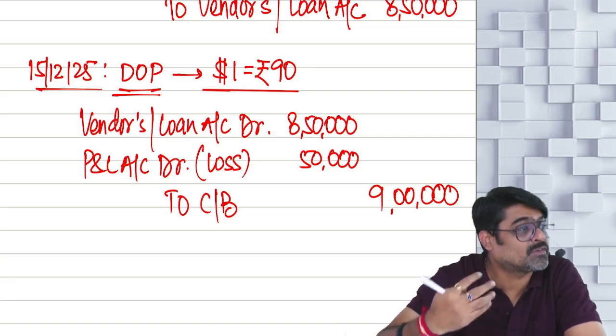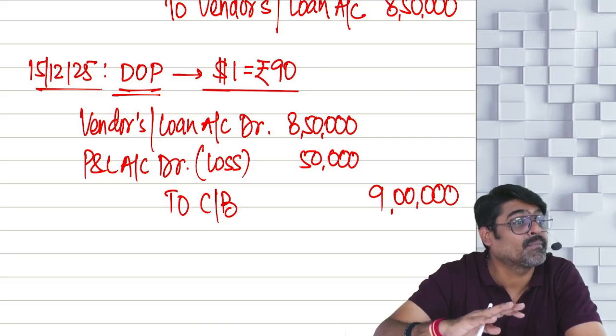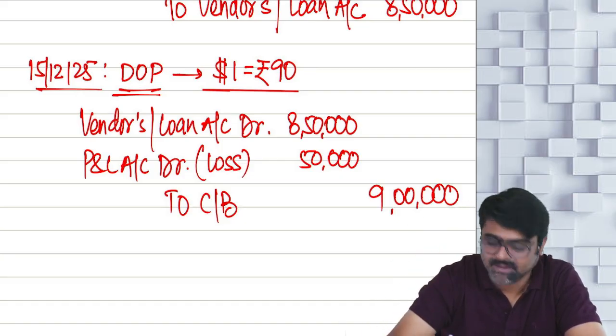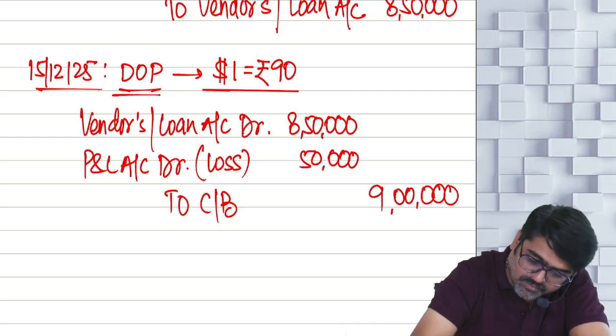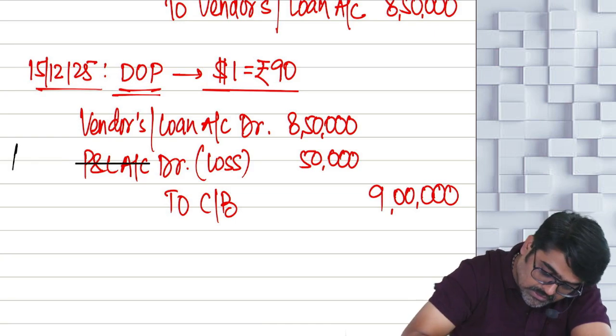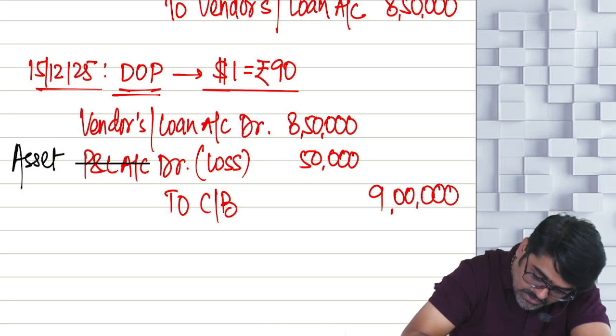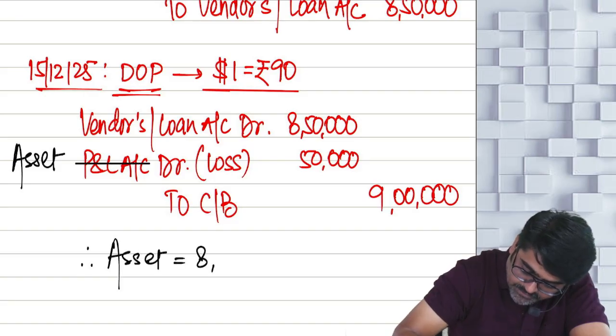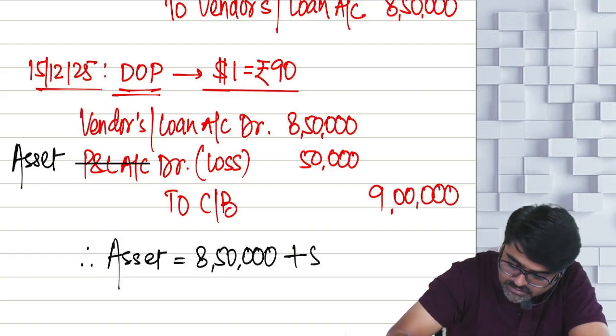Now because of this 50,000, your asset became 50,000 costlier. Understanding? So instead of debiting this 50,000 to P&L, you are supposed to debit the asset account. Therefore, your asset in your books, which was standing at 8 lakh 50, in the cost of that asset you are going to adjust this 50,000.